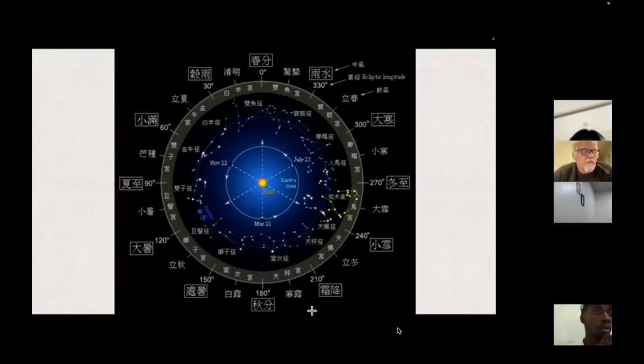Feng shui is superstition. You can say this is astrology, but it's really astronomy. So with astronomy, for thousands of years, we have known that the tides will rise and fall based on where the sun and moon are.